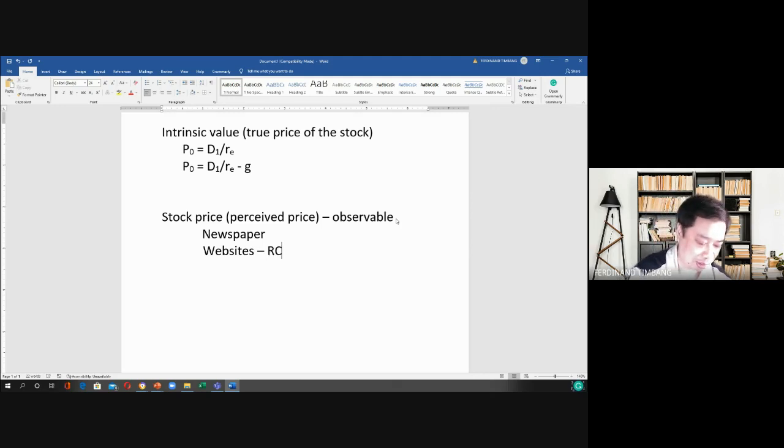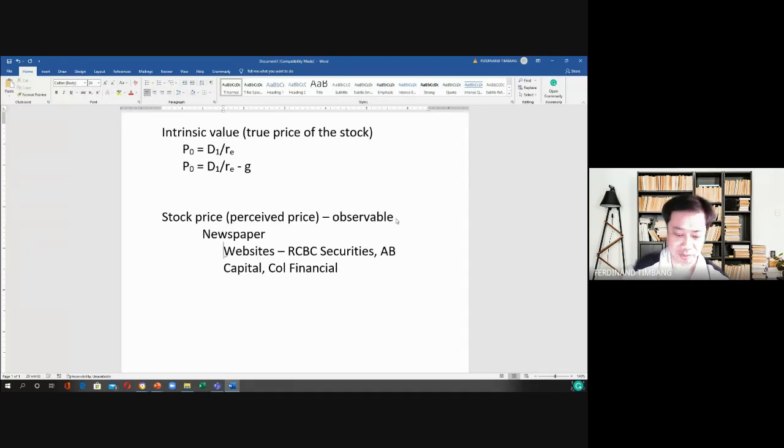There are many of those, like ICBC Securities, AB Capital. Maybe some of you use financial platforms. So if some of you are already into the stock market, maybe you know this.